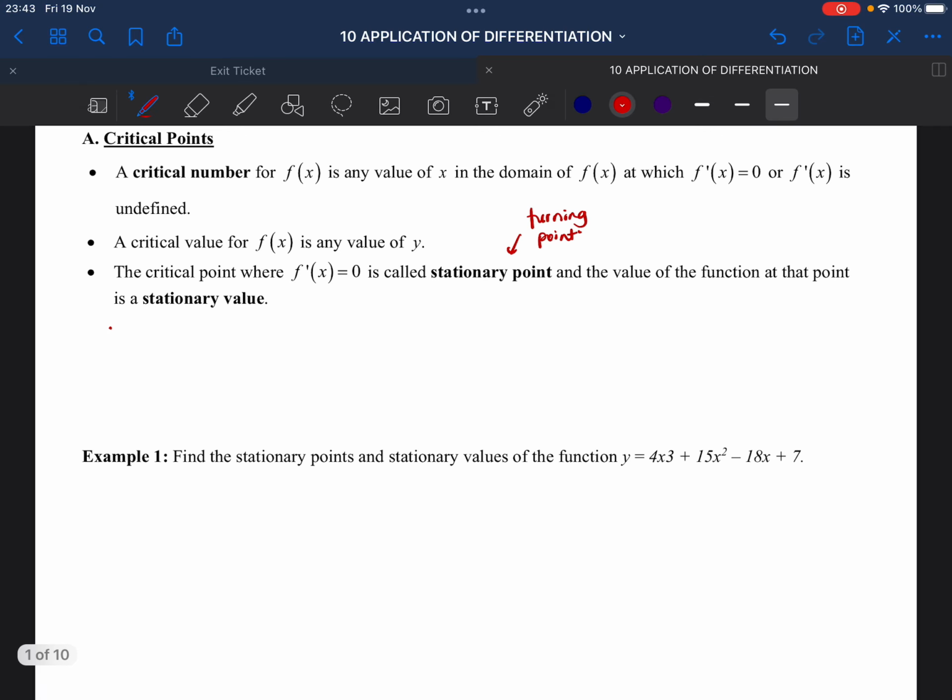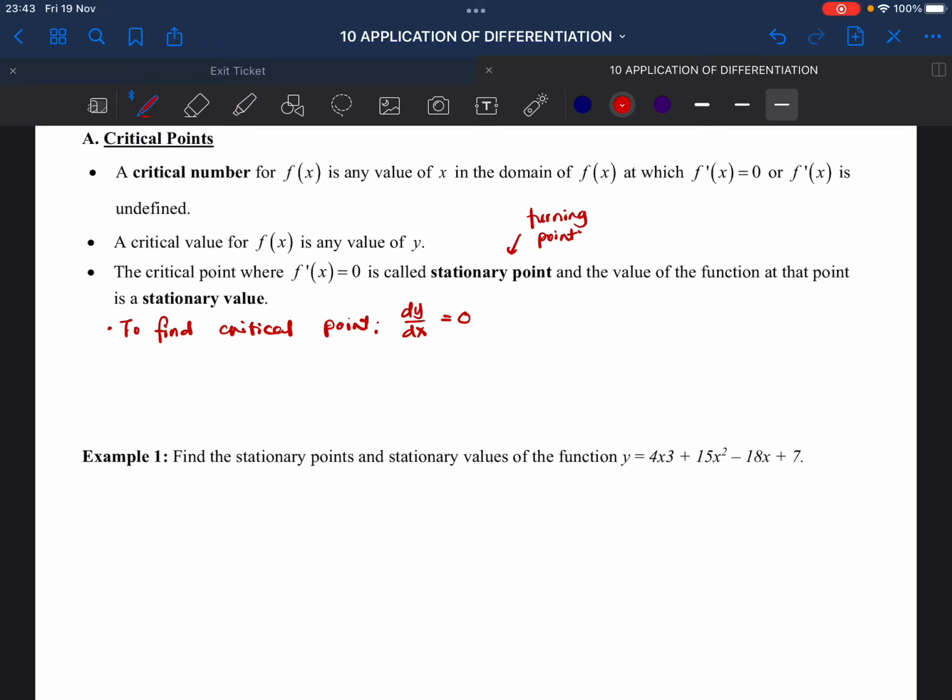To find critical point, this is a very important part: what you have to find is your first derivative equals to 0. That means you have to find your first derivative dy over dx and then set it equals to 0.